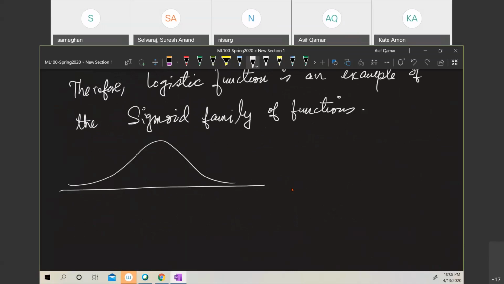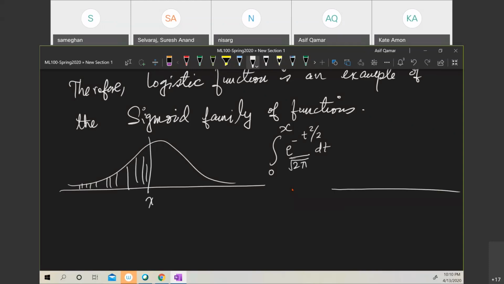Now look at the error function, the integral of the bell curve from 0 to x of e to the minus x squared over 2. This is the bell curve with some proportionality constant of root 2 pi. You're looking at the area under the curve up to some value x.